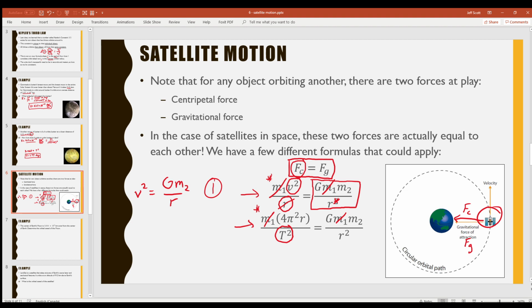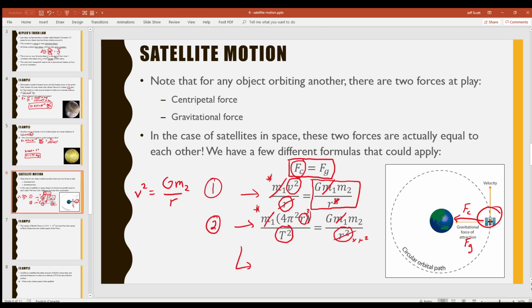Now with equation 2, if you look at your r's, the r on the left side of the equation is in the numerator, and the r on the right side of the equation is in the denominator. There's not a heck of a lot you can do to rearrange this, but if you want, you could multiply by r squared on both sides to get rid of it on the right side, but then that's just going to combine with the r on the left side to turn it from an r to the power of 1 to an r to the power of 3 inside those brackets there.